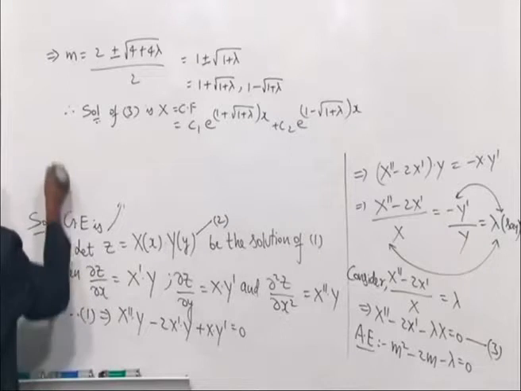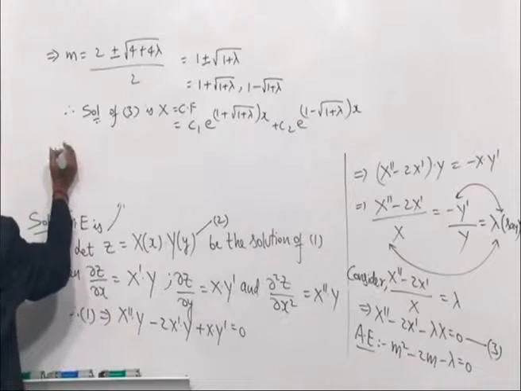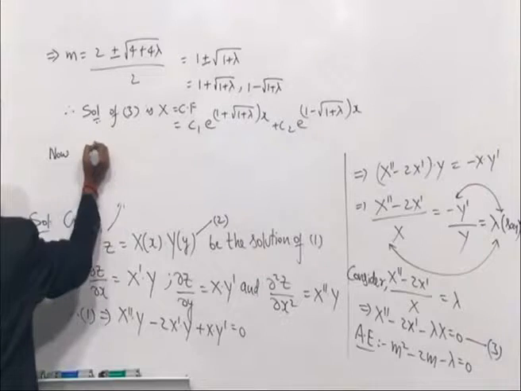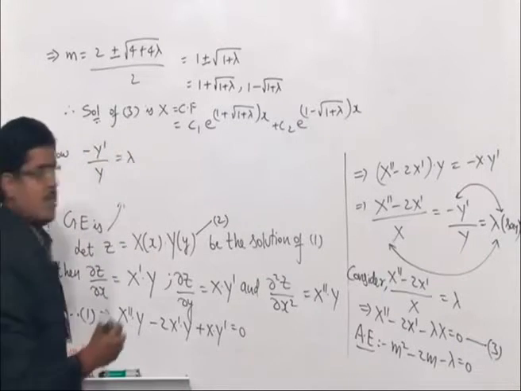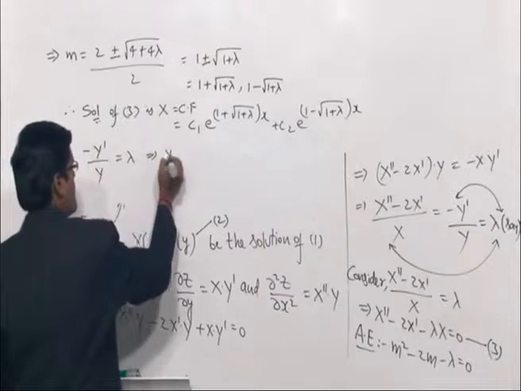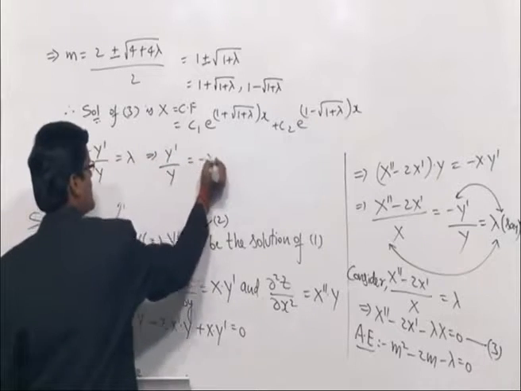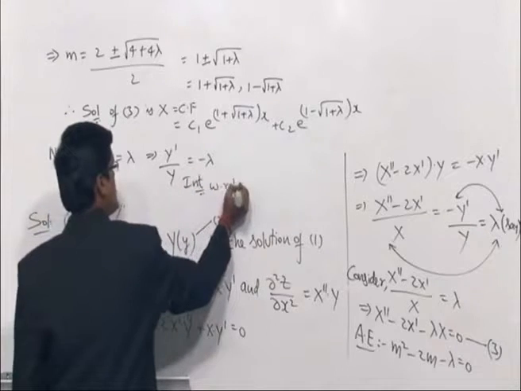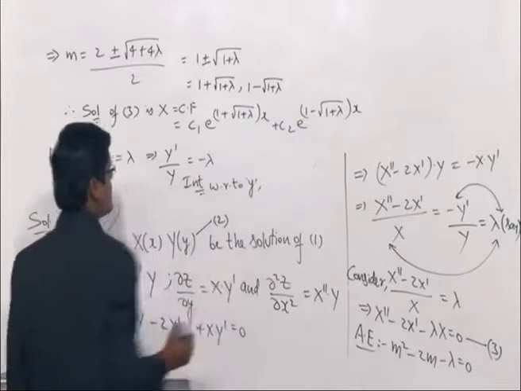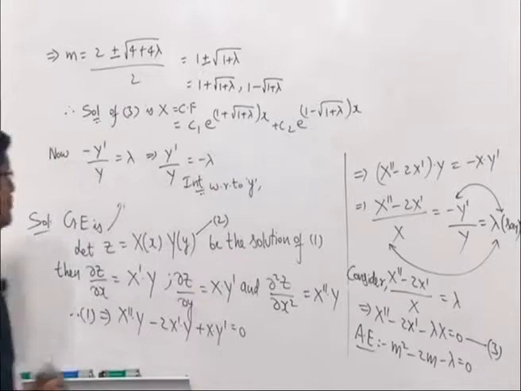Now, minus y dash by y is equal to lambda. So this can be written as y dash by y is equal to minus lambda, integrating with respect to y, small y, because capital Y dash are functions of y.